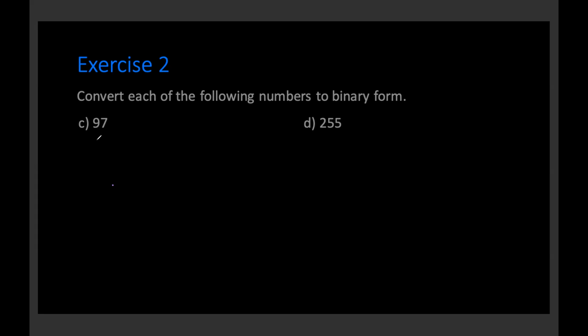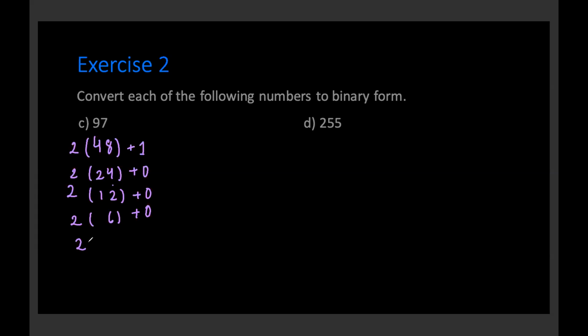So 97 divided by 2, you won't get an even number. So you want to subtract 1 from the 97, so it would be 96 and that would be 48. And 48 divided by 2, that's an even number that comes out as 24. 24 divided by 2, that's an even number, so that's 0, and that will be 12. 12 divided by 2 is an even number that comes out as 6, which is a 0. 6 divided by 2 comes out as an even number, so that's 0, so that's 3.